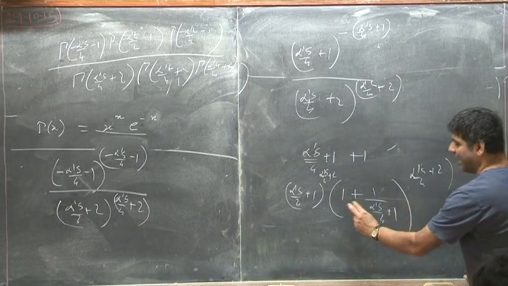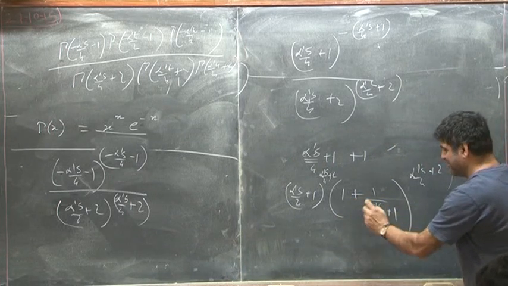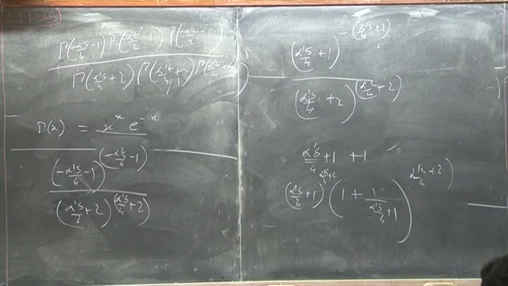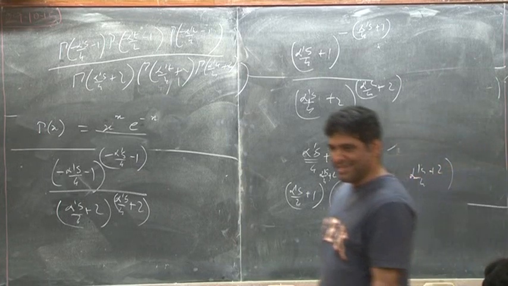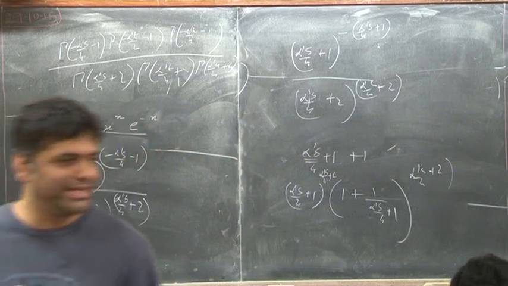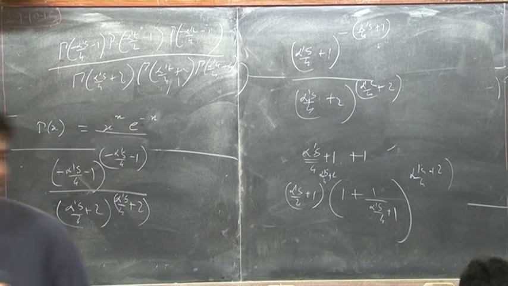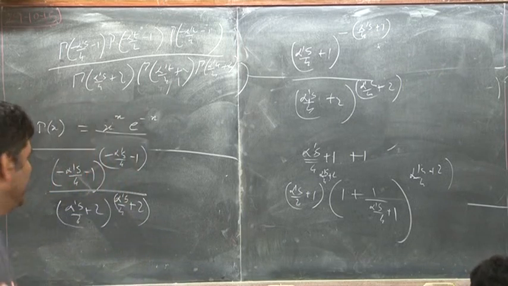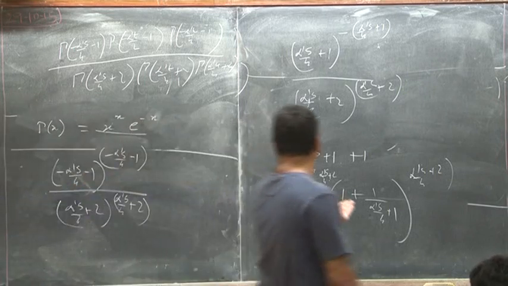Now, when I take the limit of large s, what does this become? It becomes an e. It's one of the classic formulas for e, this number which is almost 3: 1 plus 1 over n to the power n, as n goes to infinity, is e. And that's basically what we've got.